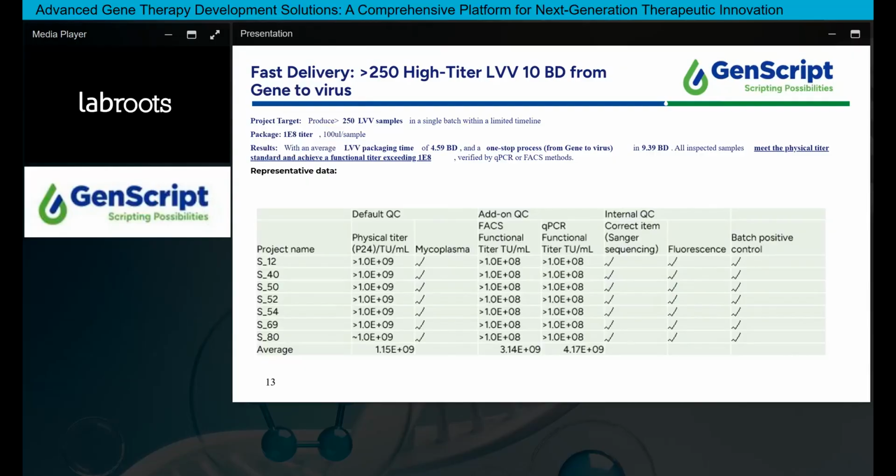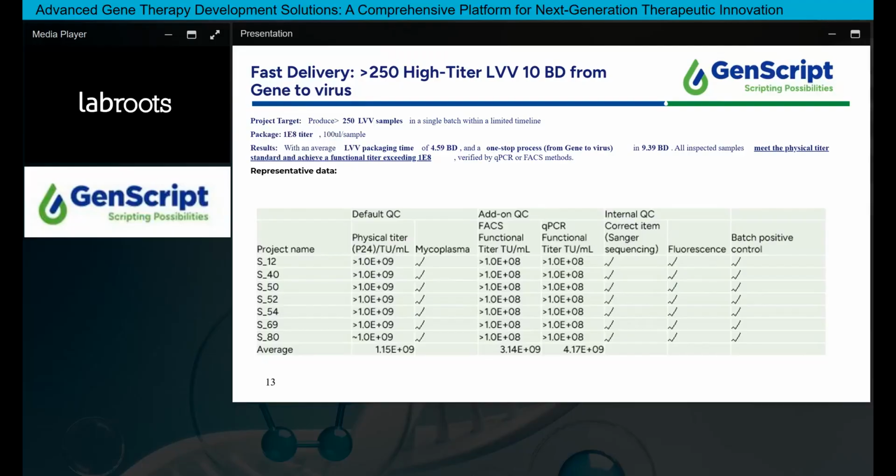To show you our in-house capability, I'd like to share some data and customer experience that prove this performance. We have successfully handled large-scale samples in an efficient and precise way. For instance, we completed an order of over 250 samples at once. Each required a titer of 10 to the power of 8 for 100 microliters per sample.